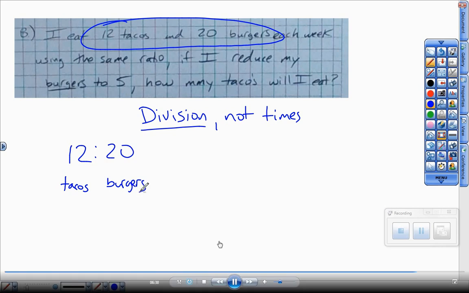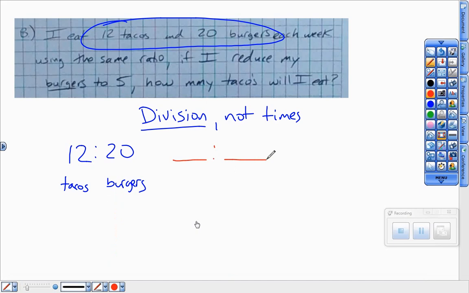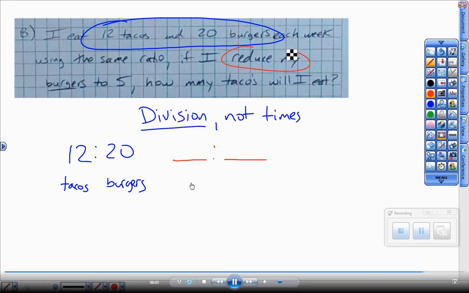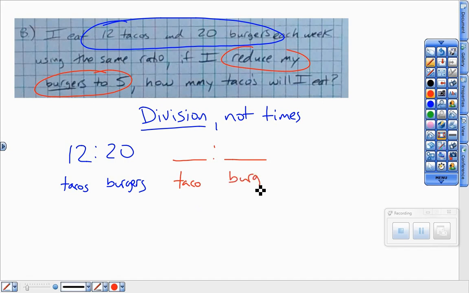He's going on a diet, so I'm going to eat less. So now at the same ratio of tacos to burgers, again the first spot is tacos, second spot is burgers. Make sure you put the information in the right spot.